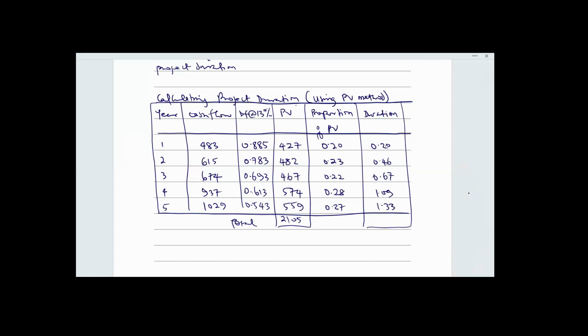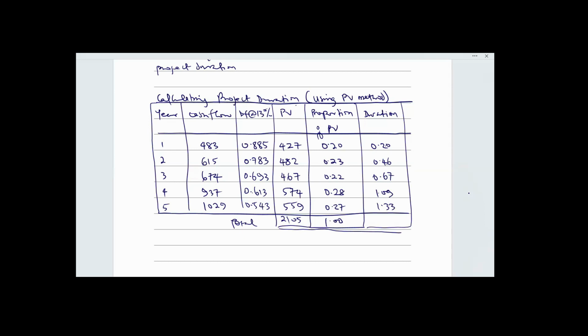So when I add up everything, this one should give me 1. Okay, it can't be more than 1. Here is 1, 2, 3, 4, 5. This is more than 1. Check again.